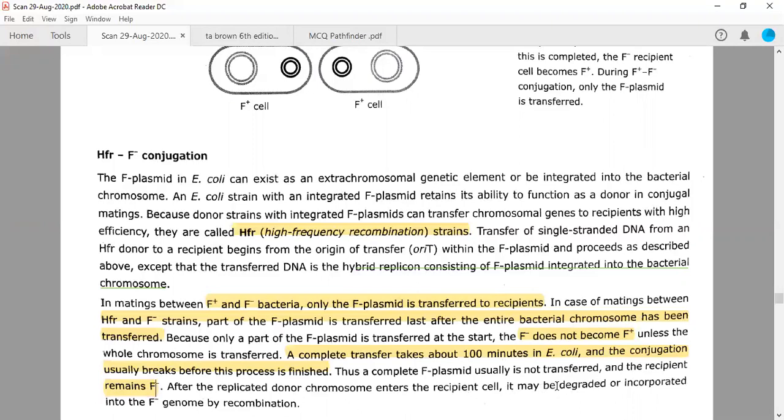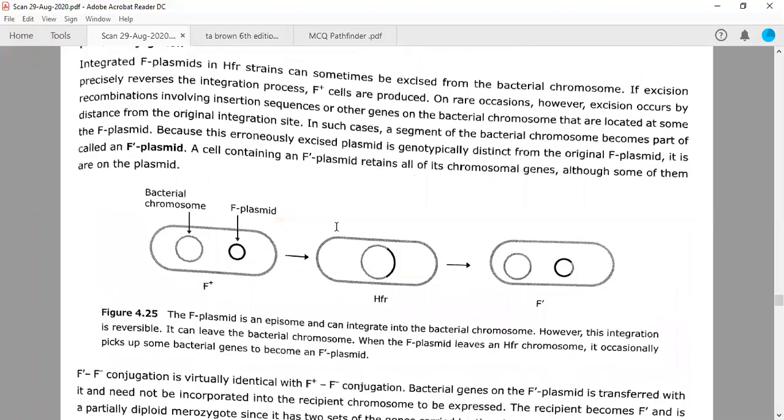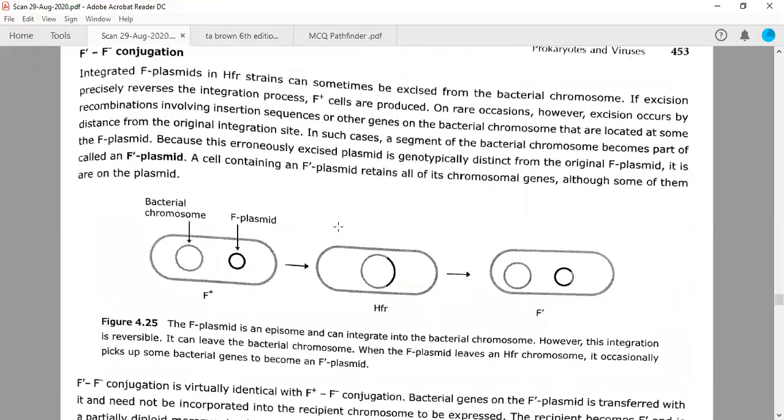Mostly the foreign DNA entering the bacterial cell is degraded by exonucleases or other enzymes. And if it is not degraded, if it is stable enough, then the second possibility, which is very rare though, is that it will be integrated by homologous recombination into the bacterial chromosome or the F negative genome.